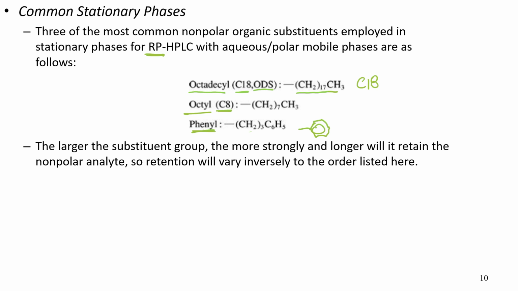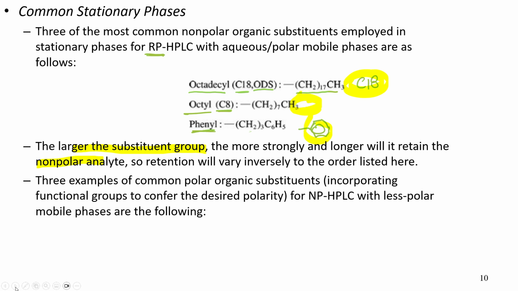And when you look at the degree of intermolecular interactions that are going to occur, the larger groups that have more nonpolar character are going to yield more retention. So for nonpolar molecules, they're going to be most retained with the C18, intermediate retained with the C8, and less retained with the phenyl. So we can start getting some order of separation with the different types of columns.